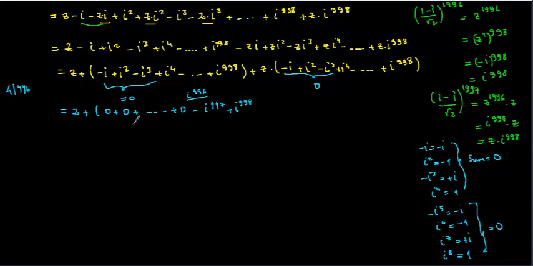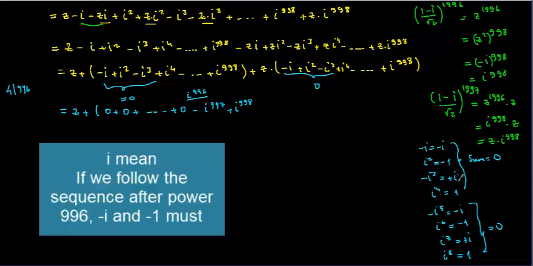Actually, as you understand from the group, the order continues like this: minus I, minus 1, plus I, 1, minus I, minus 1, plus I, 1. So the order is also the same, that's why these are going to be equal to the last two.